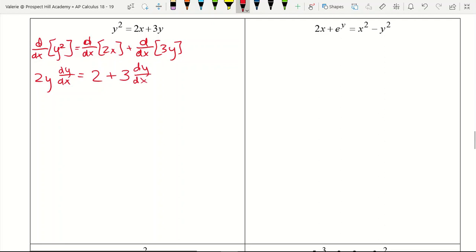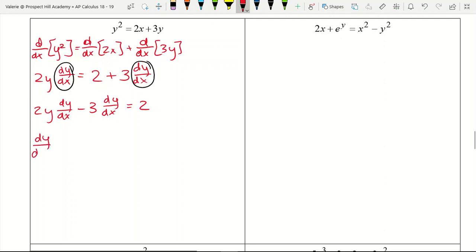Okay, so now, again, our point is to get the dy/dx's on the same side. Right, we want to get them on the same side and alone. So we're going to move this 3 dy/dx over to the left side. So we have 2y dy/dx minus 3 dy/dx equals 2. And then we can factor out a dy/dx of both terms.